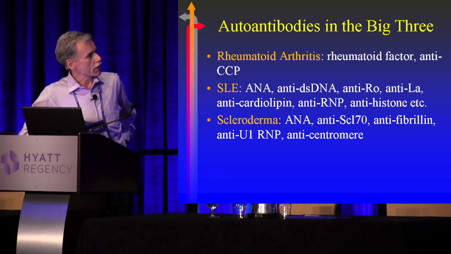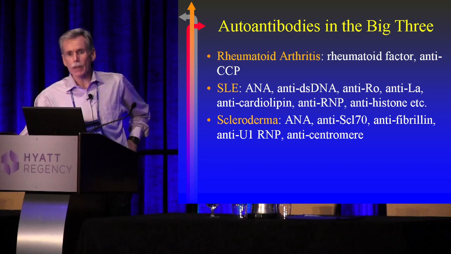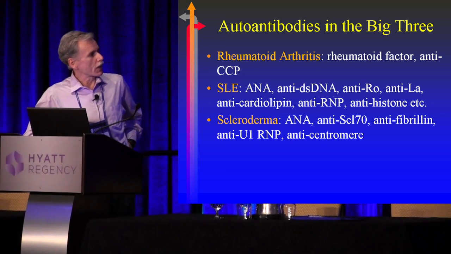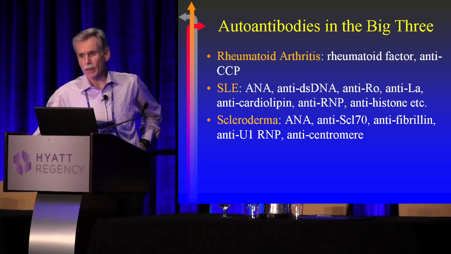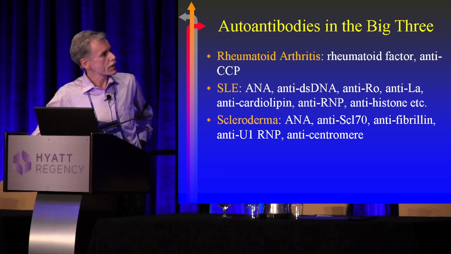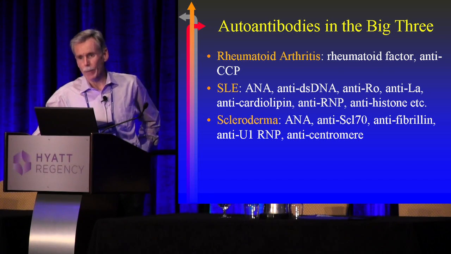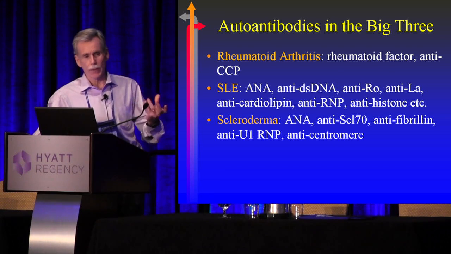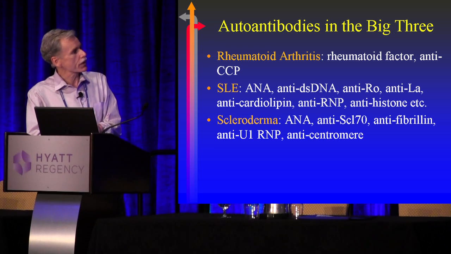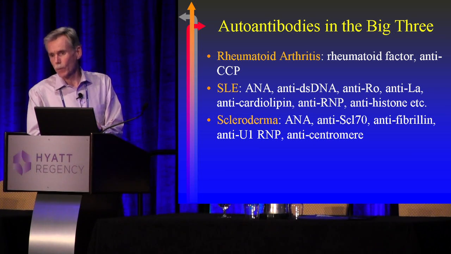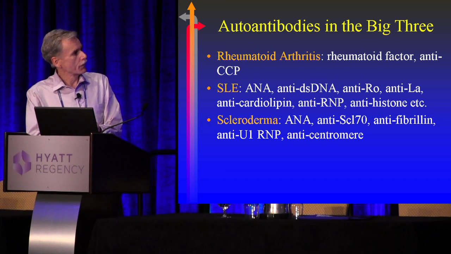We do think that they hold some clinical significance. For example, antibodies to SCL70, which is a name for scleroderma antigen number 70, turns out to be an enzyme within the nucleus called topoisomerase, and it tends to be associated with interstitial lung disease in folks who have scleroderma.